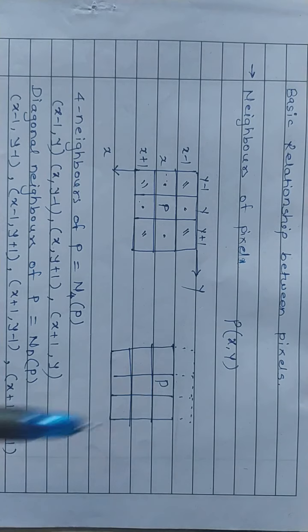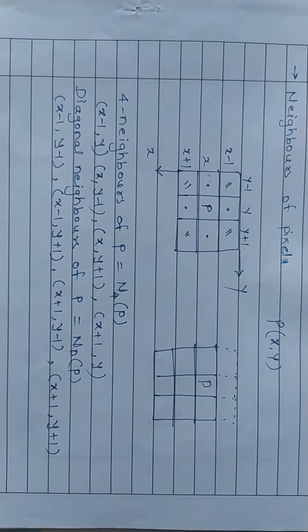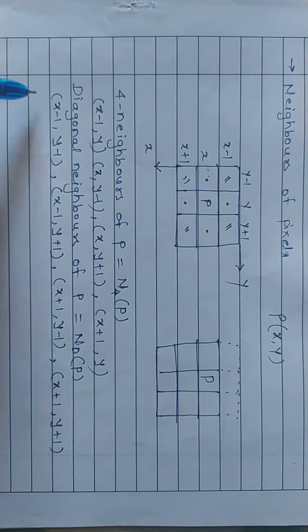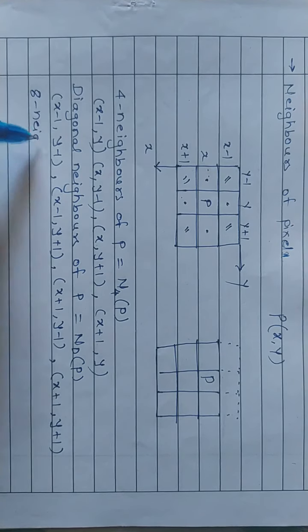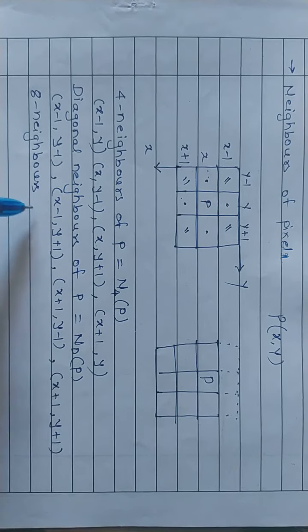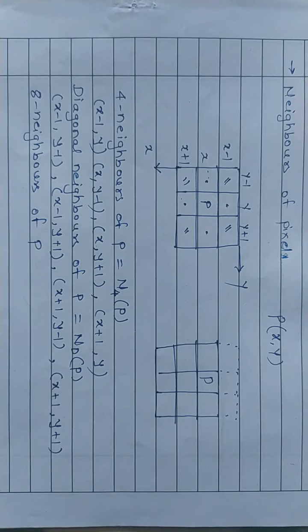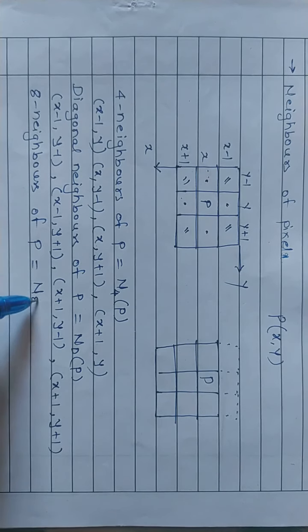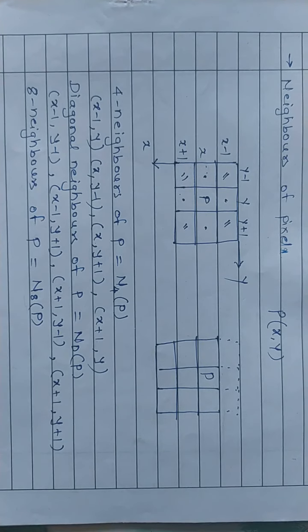Okay, now the next neighbors are called 8 neighbors of pixel P, represented as N8P.